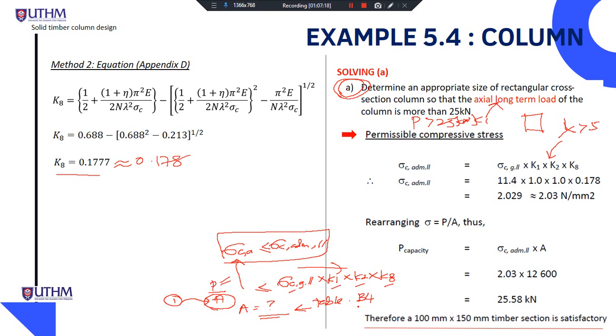Refer to table B4 and you select an A slightly larger than this calculated A, and that is the proposed nominal size. So this is one way to determine the appropriate size of the rectangular cross section.